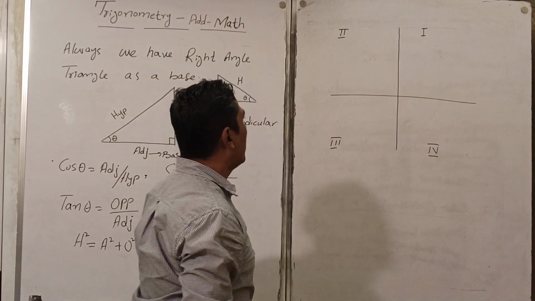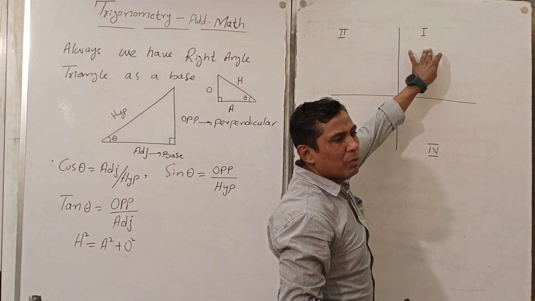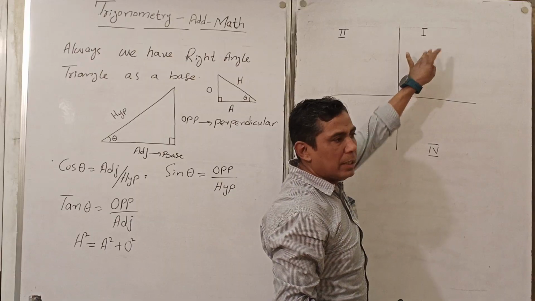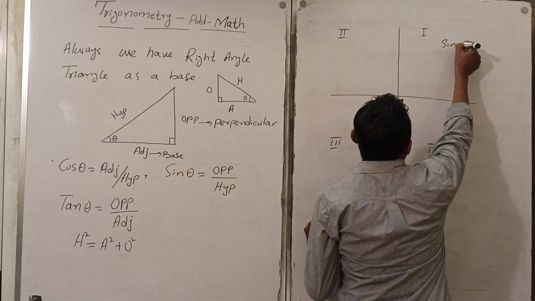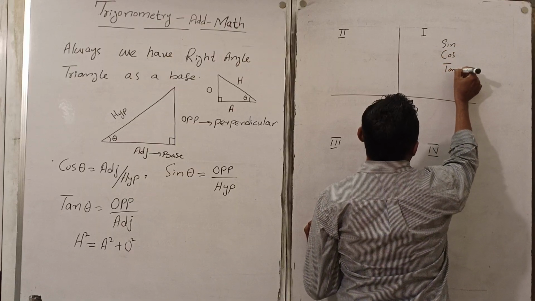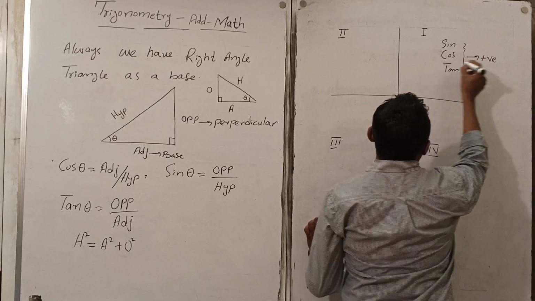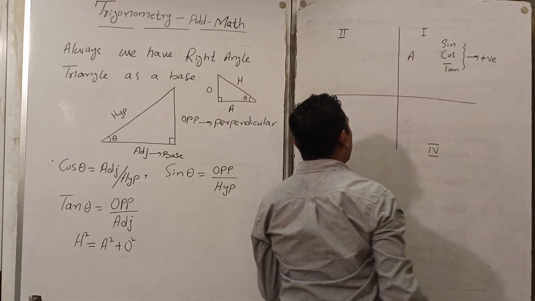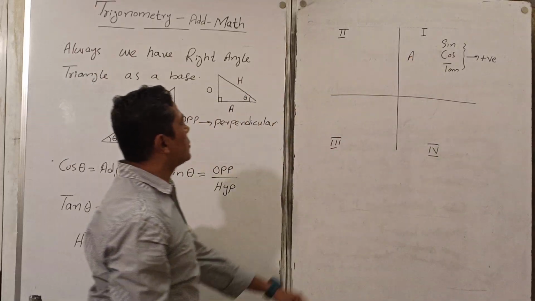What about the first quadrant? In this quadrant, all ratios are positive, meaning sine, cos, tan are all positive. So we write here A. What about the second quadrant?